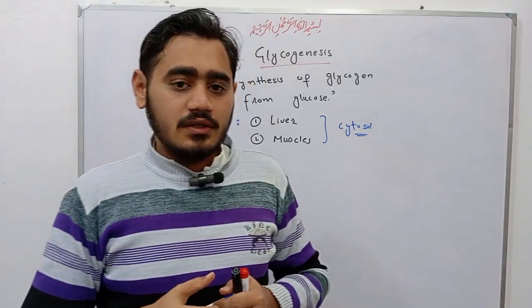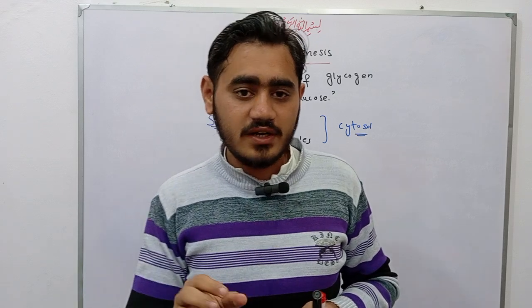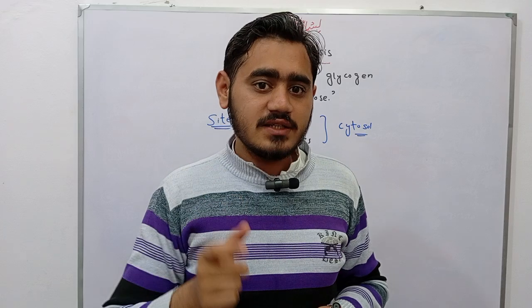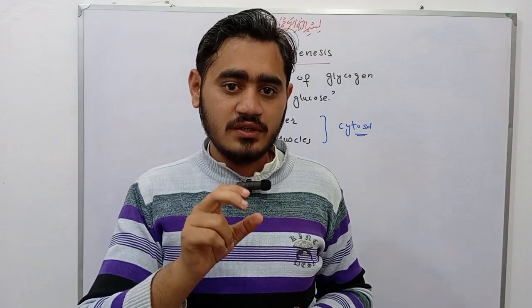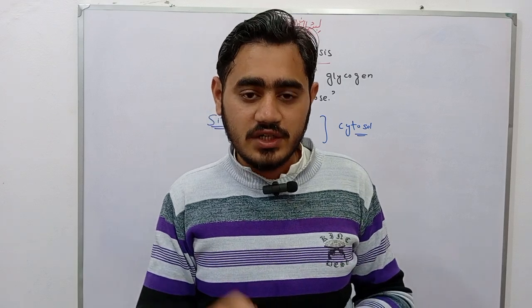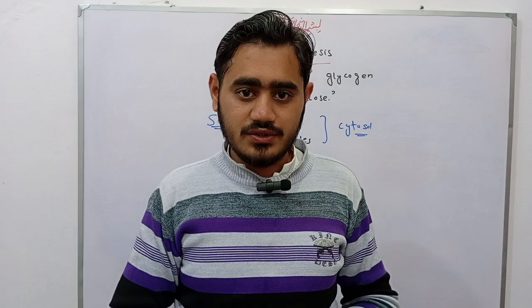Friends, this glycogenesis process occurs in the well-fed condition, and the important hormone insulin, which is secreted from beta cells of islets of Langerhans, is responsible for the synthesis of glycogen.